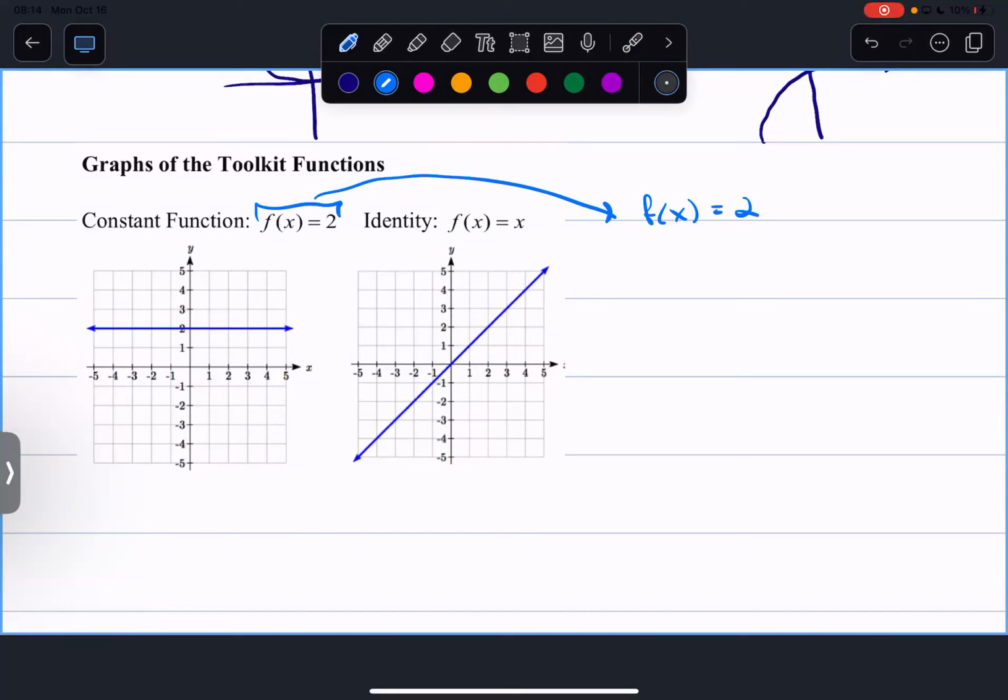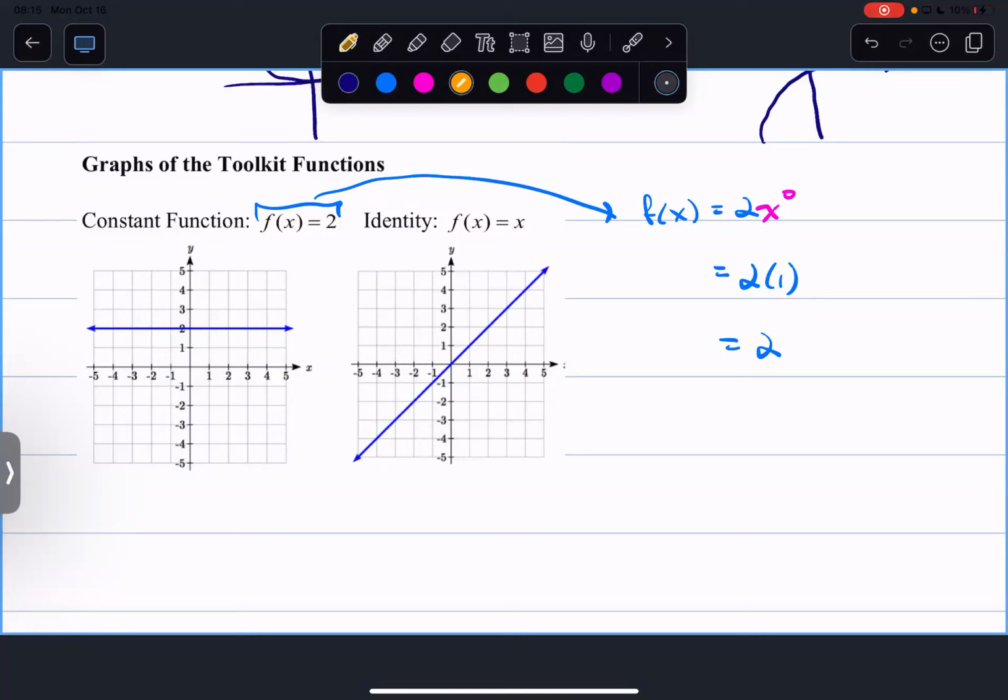So it's just a horizontal line, that's fine. But what's that the same as? That's the same as 2 times x to the power of 0. Anything to the power of 0 becomes 1, right? And so now you have 2 times 1, which is 2, right? So you could rewrite it as a power function.